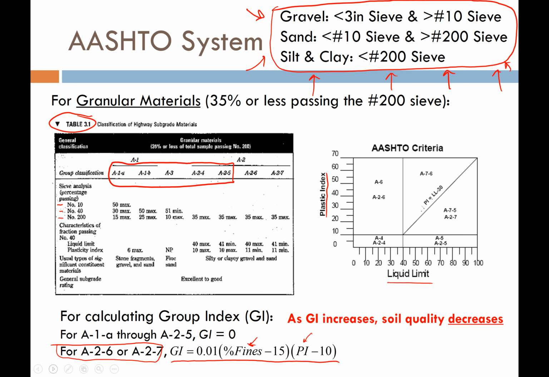Now the group index, basically the higher the group index, the worse the soil. The lower the group index, the better. So a group index of 0 is what's really desirable. And when we compute the group index, we want to make sure that we're rounding to the nearest whole number.